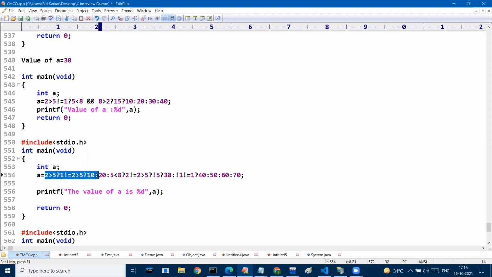Asking sign, 10 colon 20 colon 5 less than 8. Asking sign 2 colon 2 not is equal to 2 greater than 5. Yeah, this is okay.